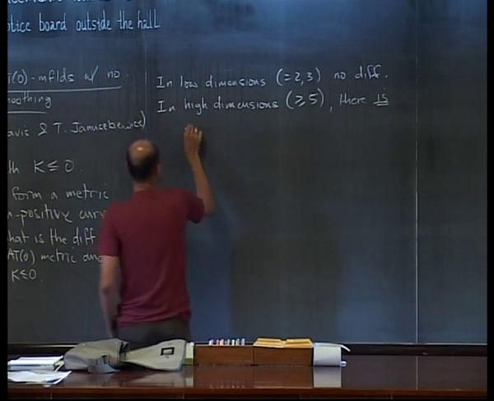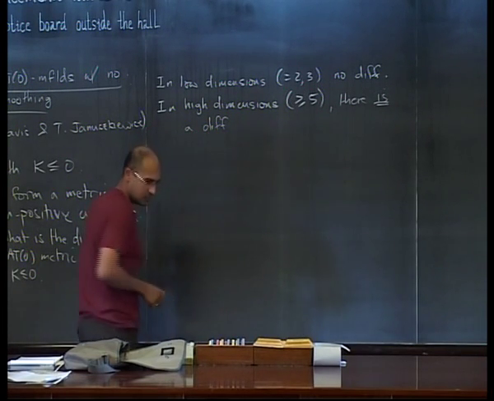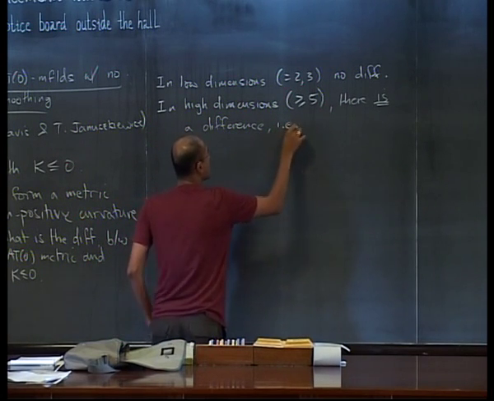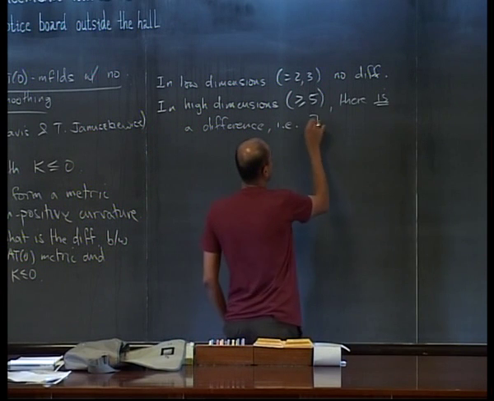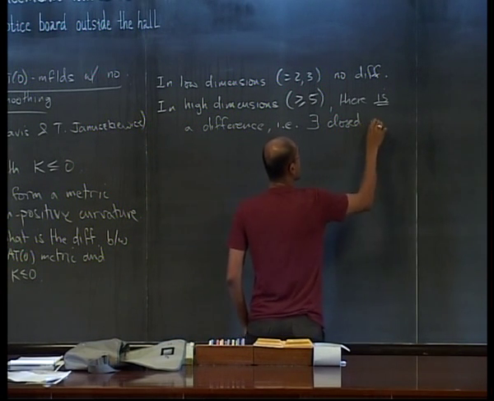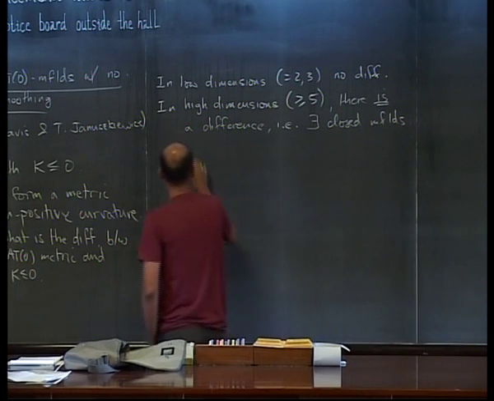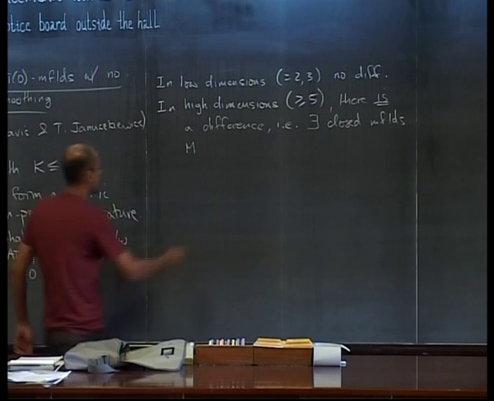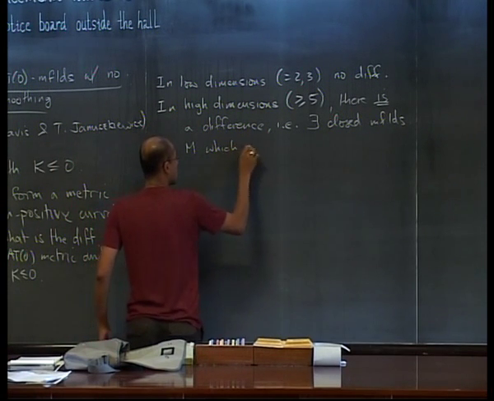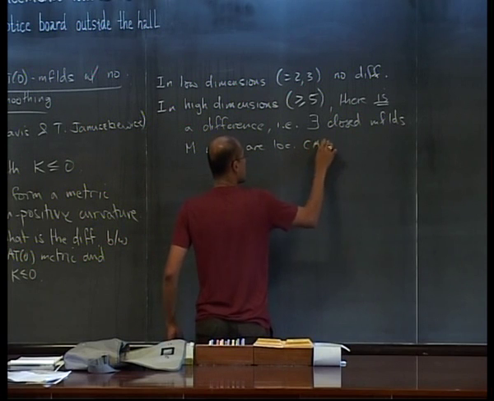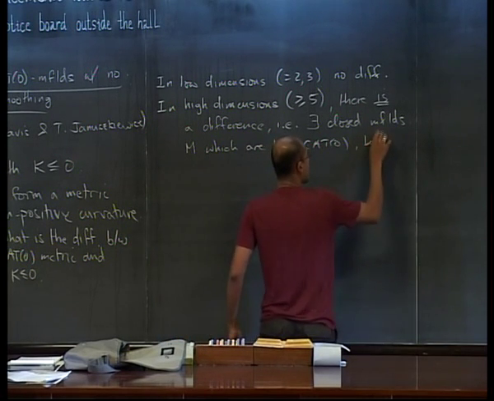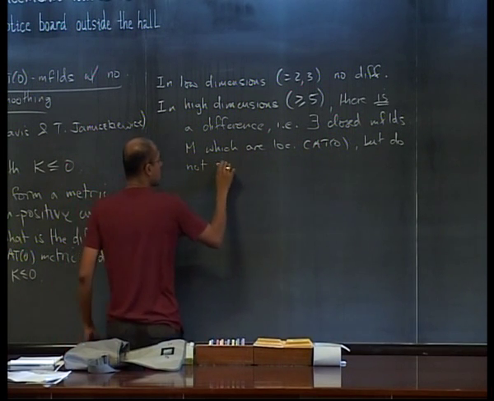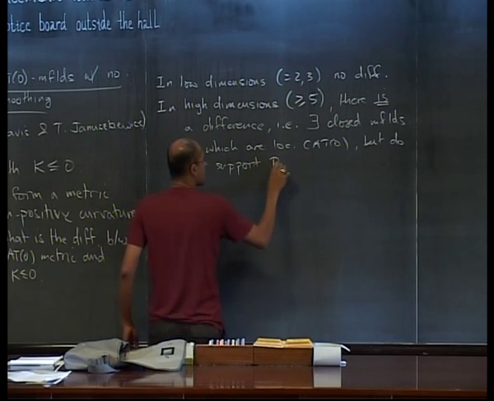I.e., there exist closed manifolds M supporting a locally cat-zero metric but that do not support a Riemannian metric of non-positive curvature.